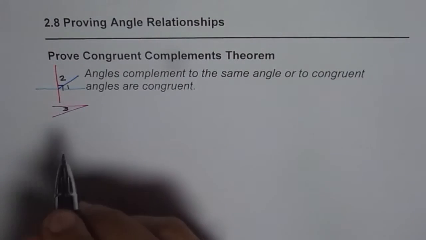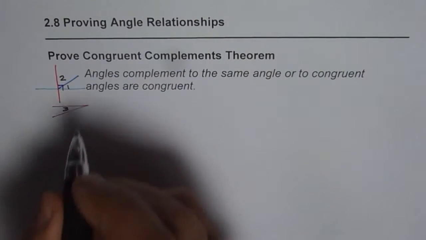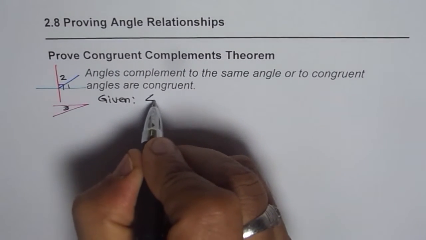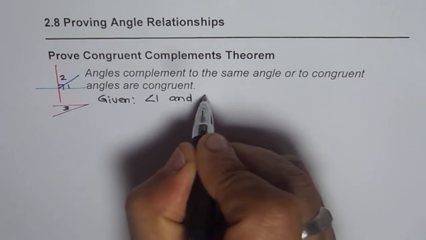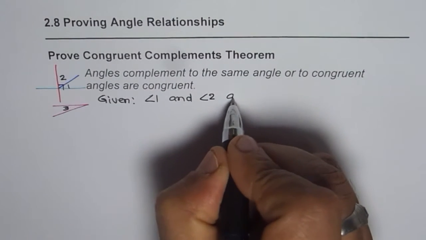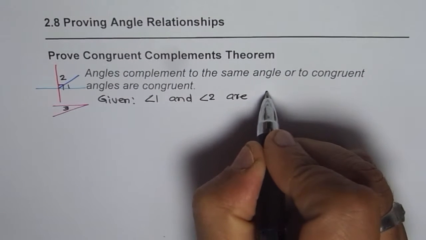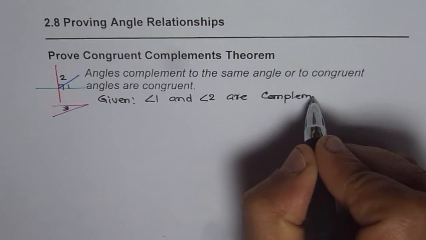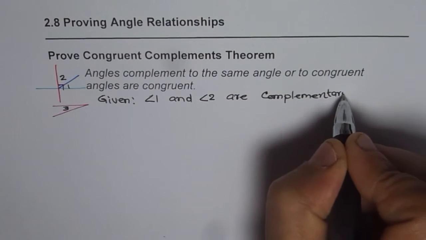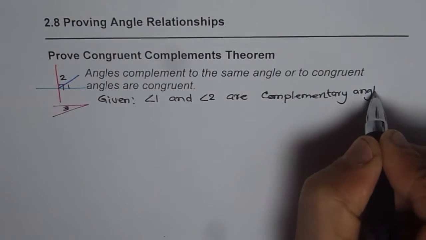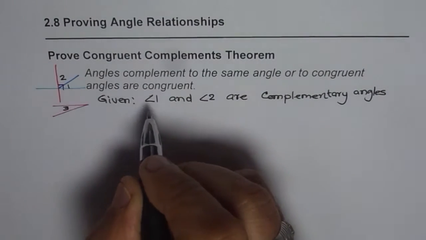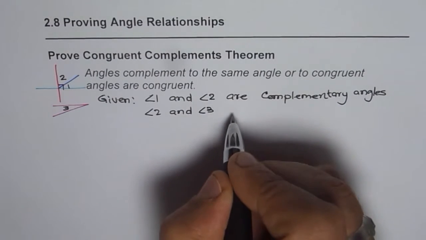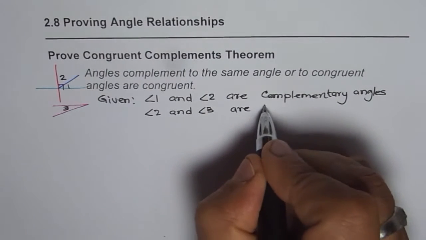So what is given to us here is that angle 1 and angle 2 are complements, or we can say complementary angles. And angle 2 and angle 3 are also complementary angles.